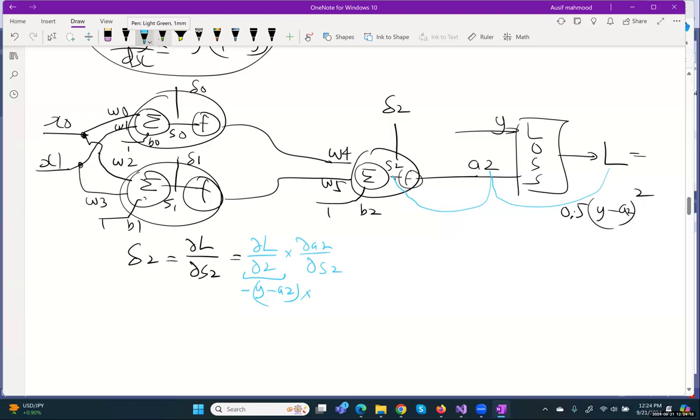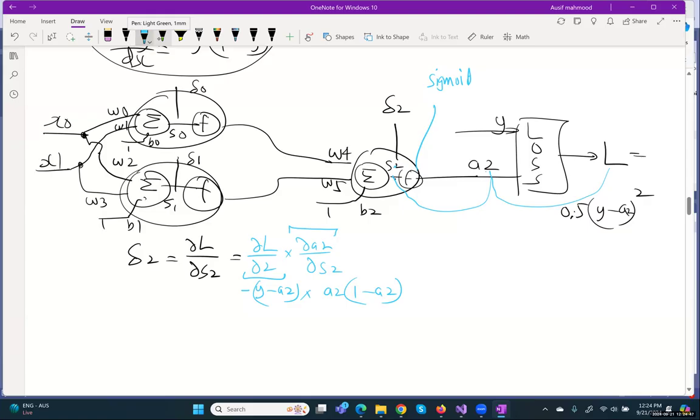Now can you tell me what is partial A2 over partial S2 if this is a sigmoid? A2 into 1 minus A2. Excellent. So previously this was treated as 1, with the linear activation function. So you can see this gets added.